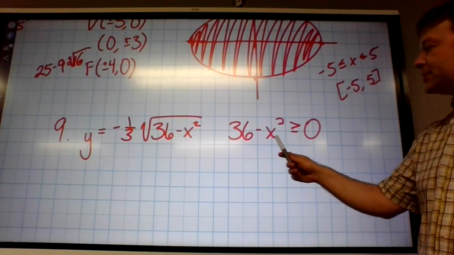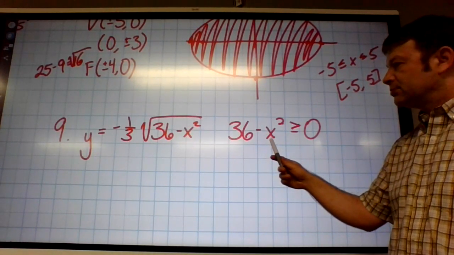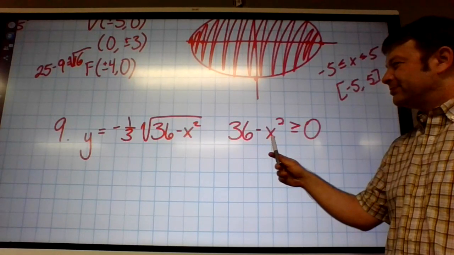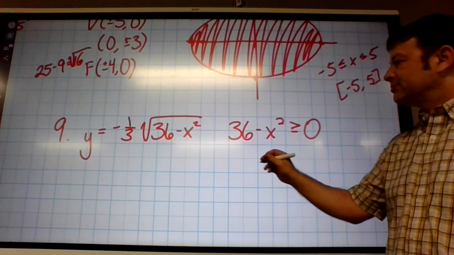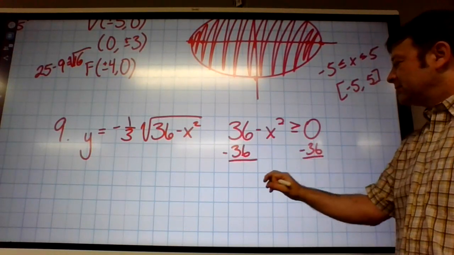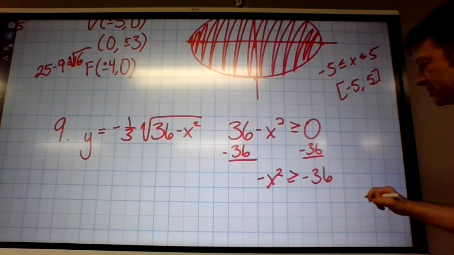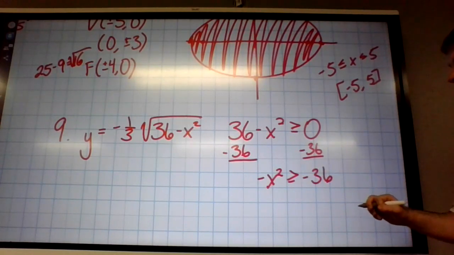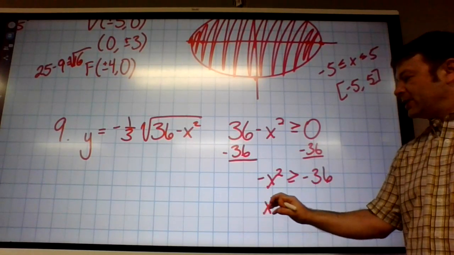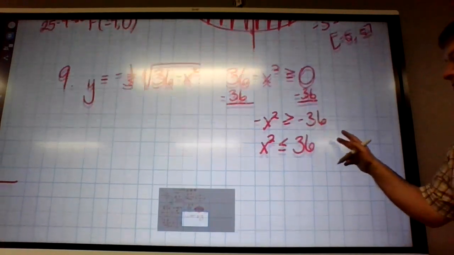So how could I solve this for x? Okay, minus 36. Now what? If you divide by -1, the inequality sign switches.